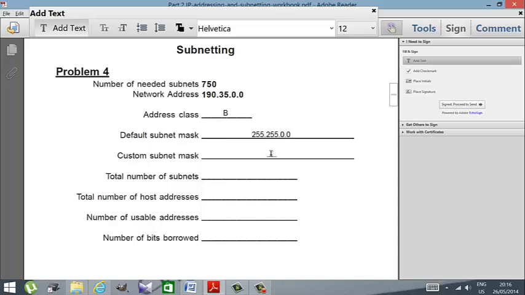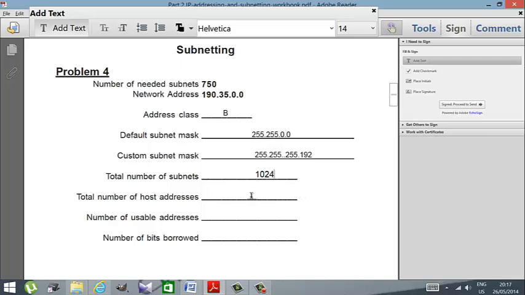So the custom subnet mask is gonna be 255.255.255.192, because we went over 10 bits. The total number of subnets in this case is 2 to the 10th, so it's 1024.